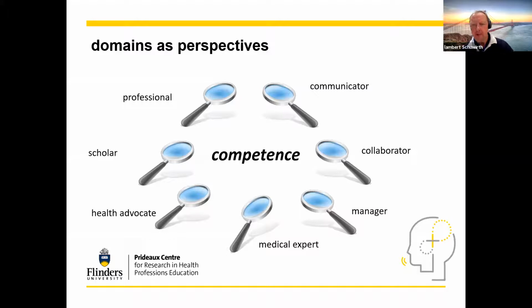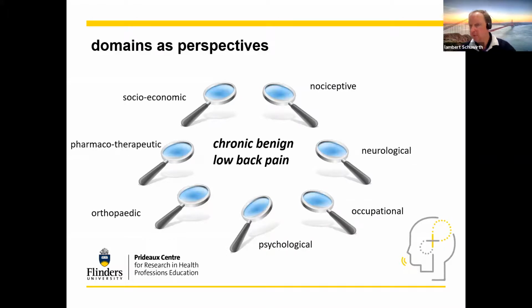Well, my clinical work was in chronic pain management. So many of my patients suffered from chronic benign low back pain. And I had my different lenses when I worked with those patients. There was a nociceptive component. There was a neurological component. There was an occupational component, a psychological component, an orthopedic sometimes, a pharmacotherapeutic, and a socioeconomic.